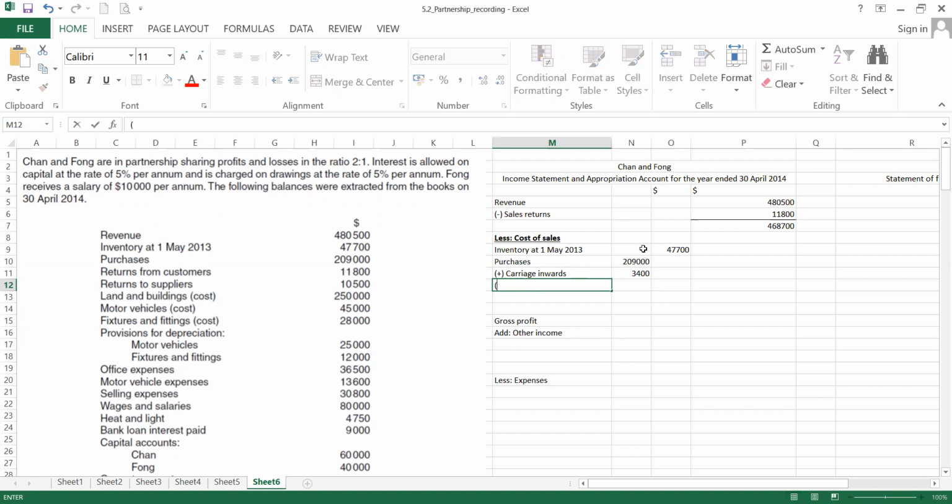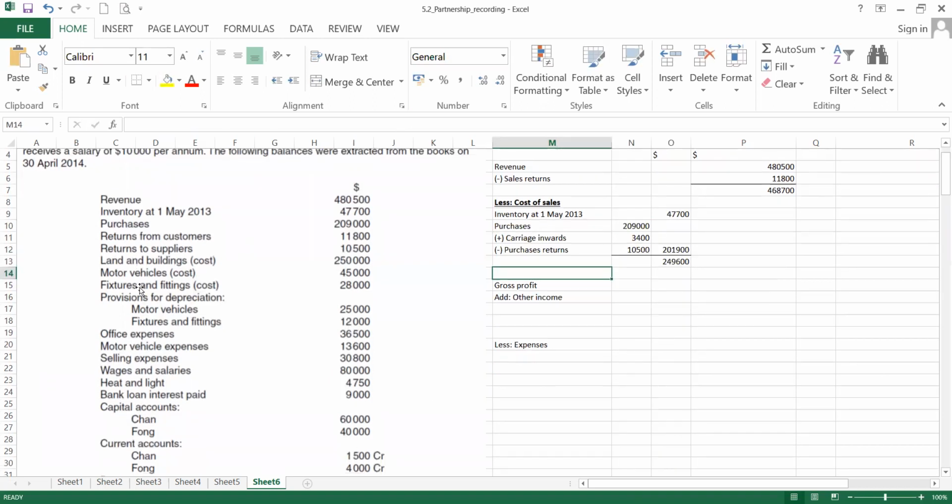So this return to supplier have to minus from the purchases. We call purchases returns. So this amount had to minus, 10,500. So we plus and minus the amount. Okay, we get this total first since I got the group.